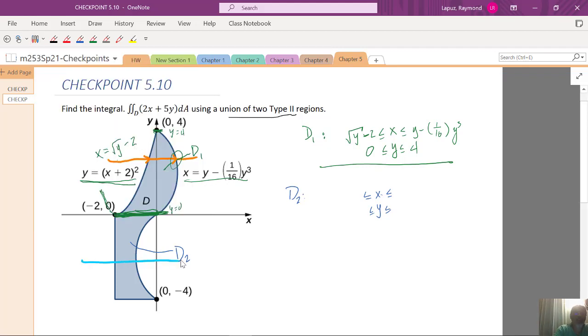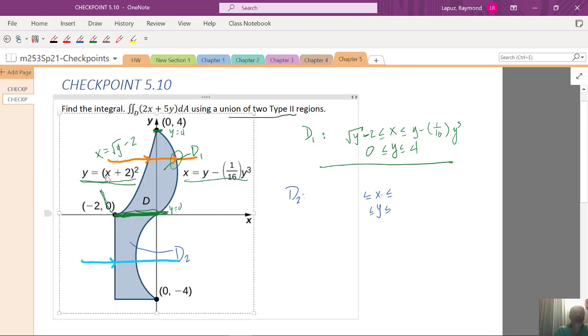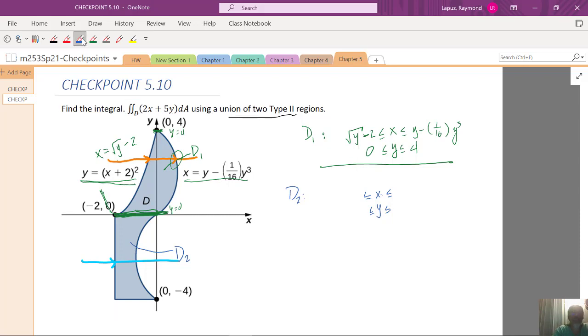So if we draw that line, we will enter the region through a constant x equal to -2 line, and we will exit that region through this same function again. So x is equal to -2, and that same function that we had before, y minus 1/16 times y cubed. Now our y limits, going from lesser to greater, are going to be constants. We're going to go from -4 to 0.